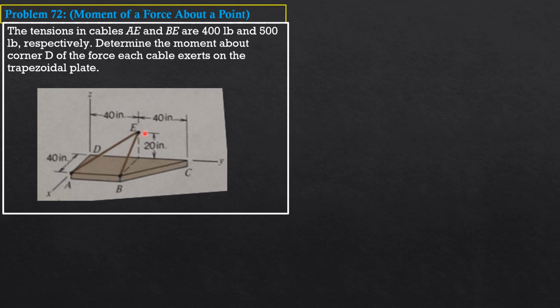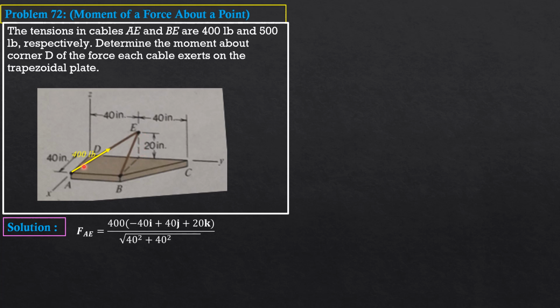First, let's have the tension in cable AE, which is 400 pounds. And let's resolve that into components. So FAE is 400 times its direction: negative 40i, positive 40j, positive 20k, negative backward along x, rightward along y, and upward along z.